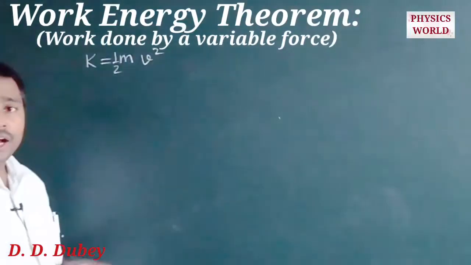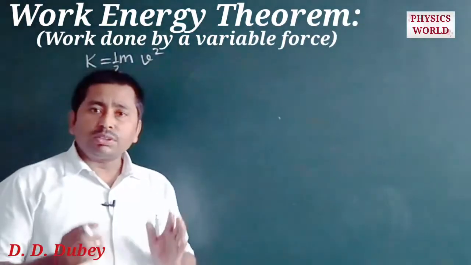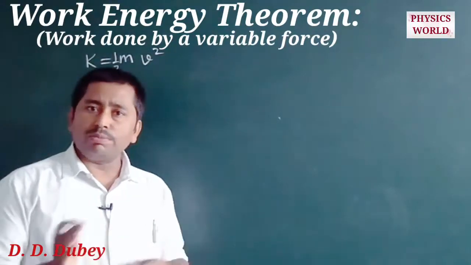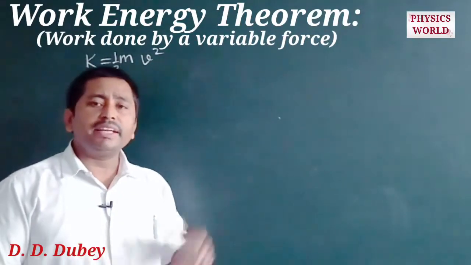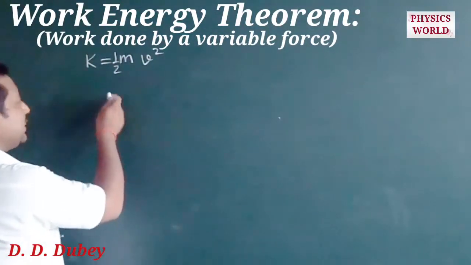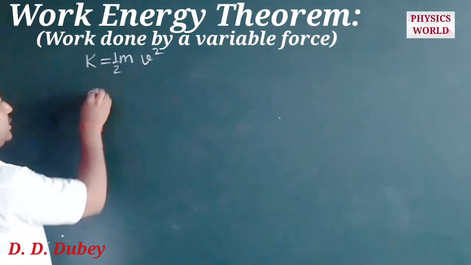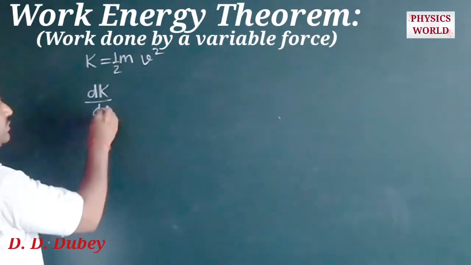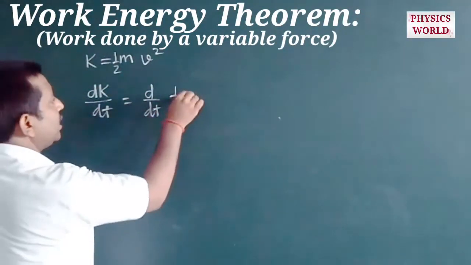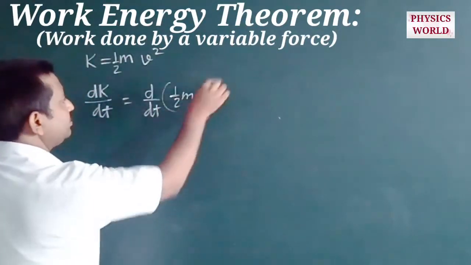If we want to find the rate of change of kinetic energy of that object with respect to time, then we have to differentiate it with respect to time. After differentiating we get dK by dt is equal to d by dt of half mv square.